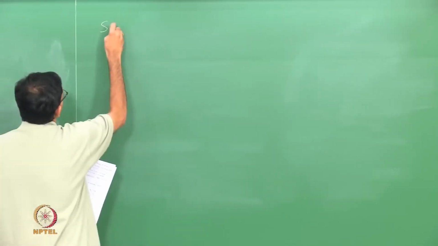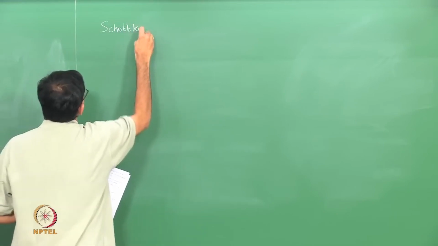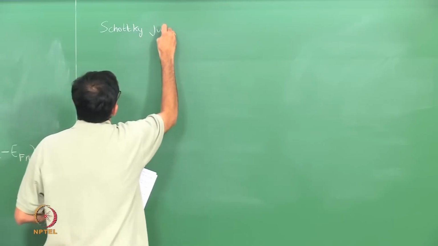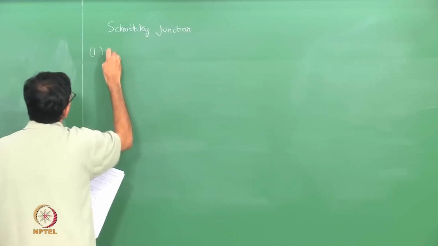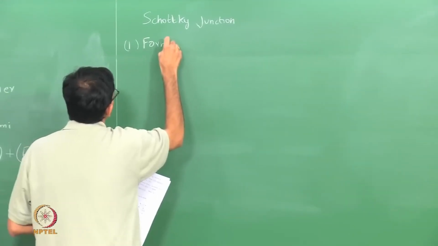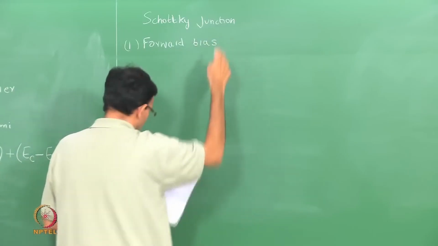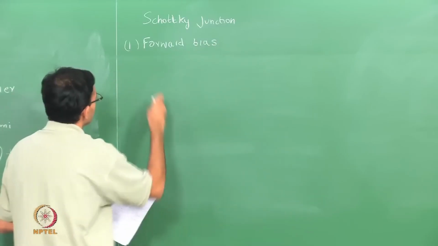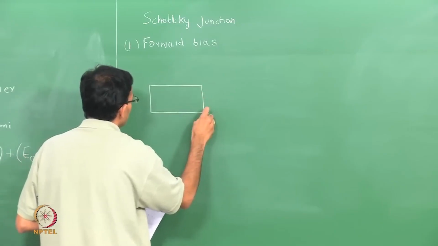So, let us look at a Schottky junction in forward bias. So, once again let me draw the metal and the semiconductor.